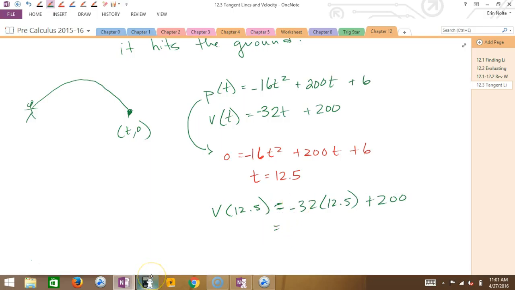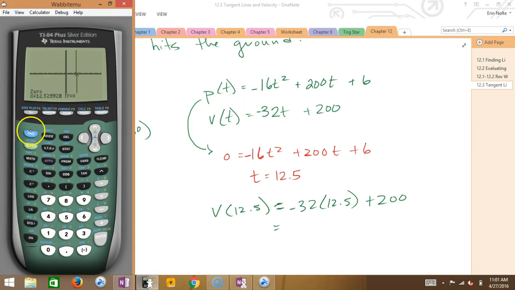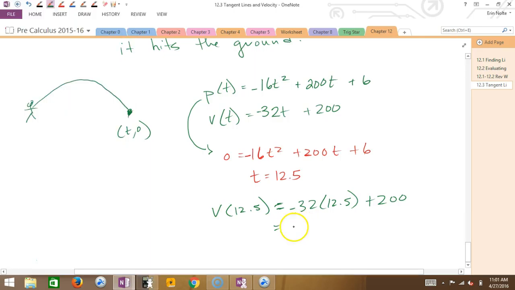Okay, so if you type that in, what would you get? Because it has to all be negative, because it was an upside down parabola, right?